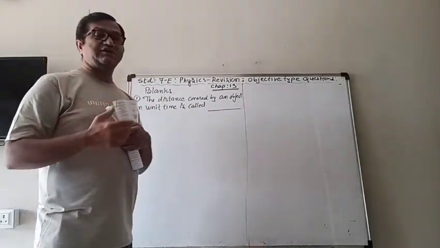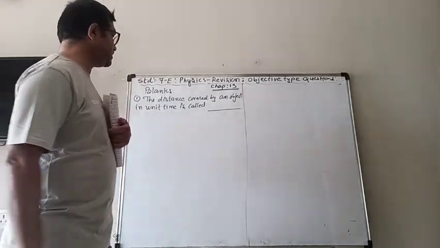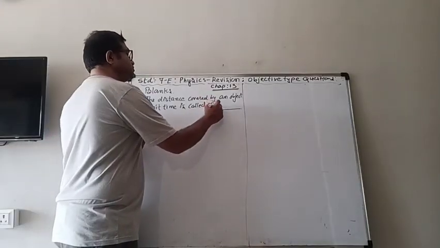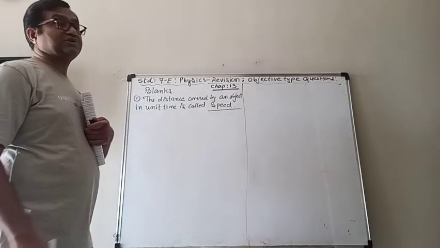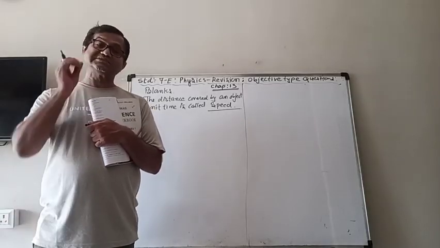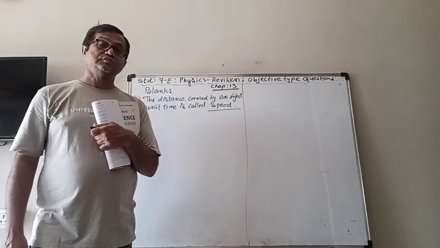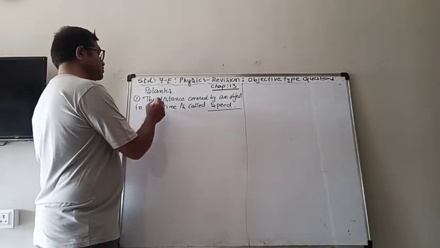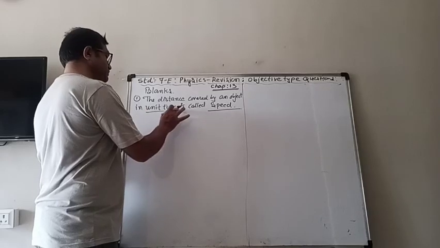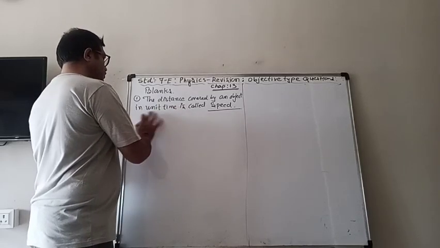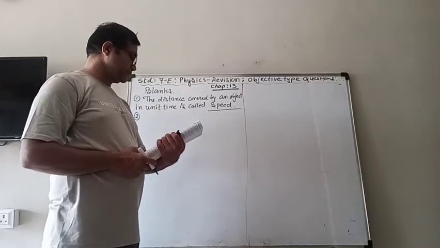Now we know the definition. The distance covered by an object in unit time is called speed of that object. Now this question can be asked differently also. What is speed? Or the blank can be here also. The distance covered by an object in dash is called speed. So if the whole sentence is known, you can write down the answer.